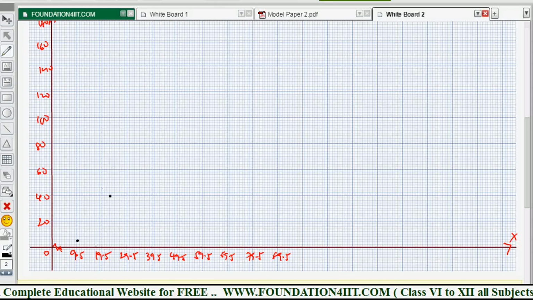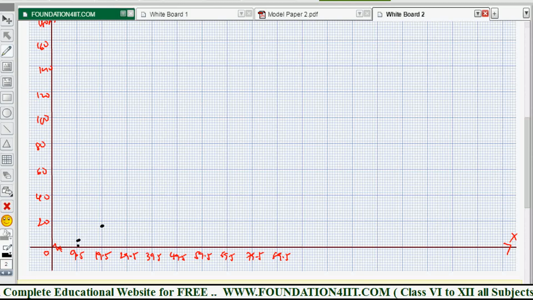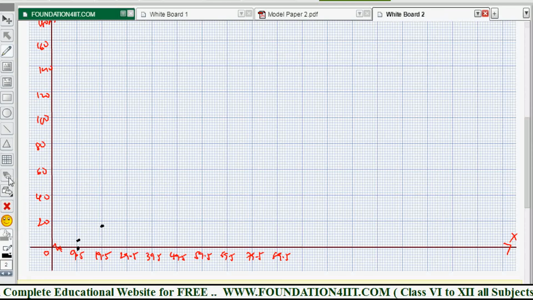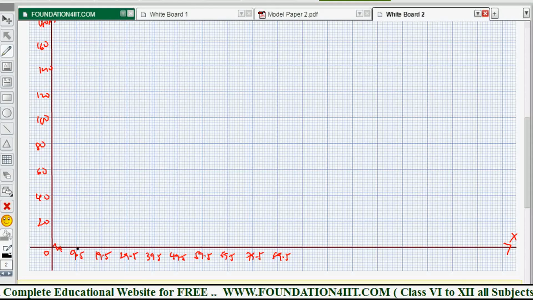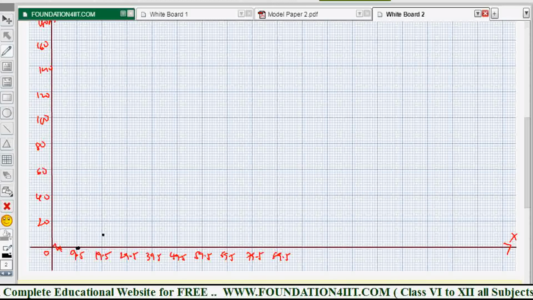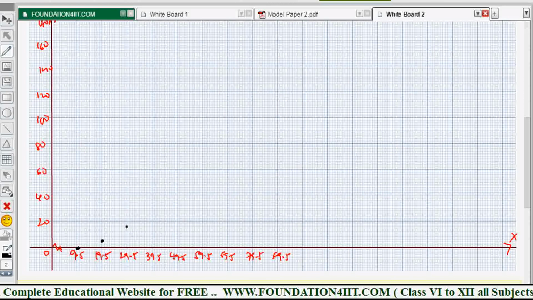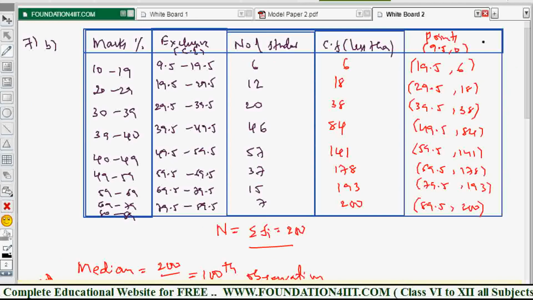Then 9.5 comma 0 and 19.5 comma 6, and 29.5 comma 18, on the x-axis and y-axis. So these are the points I mentioned here, right? So these points only I'm plotting now.